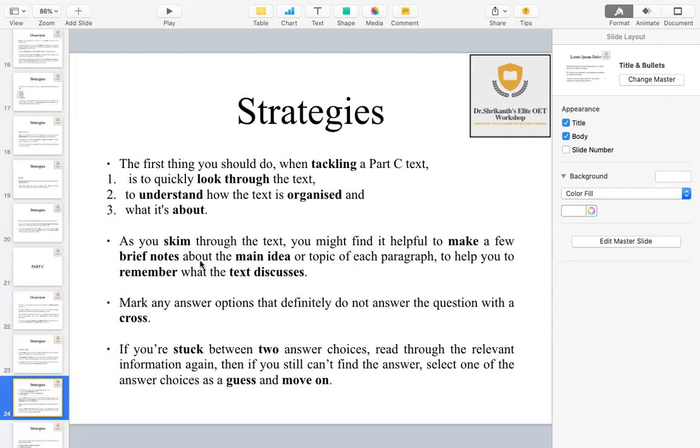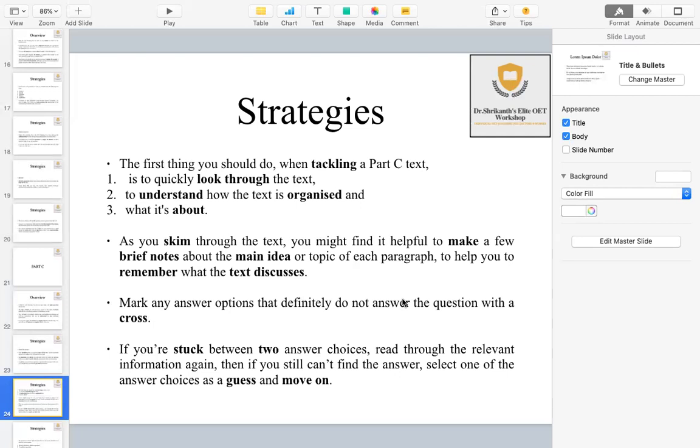That skipping is known as skimming. If you're employing this skimming strategy, you can find it helpful to make certain brief notes. Since you're not wasting time reading unnecessary information, because it is in a sequential order, you can just make some notes, as I told you before.